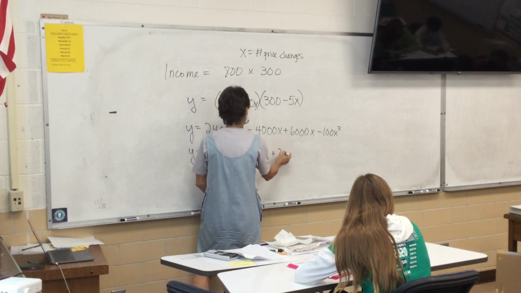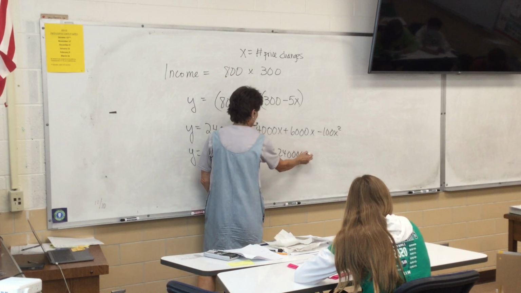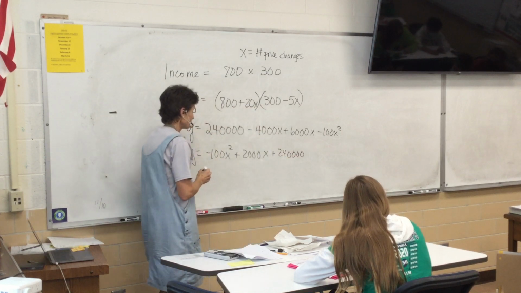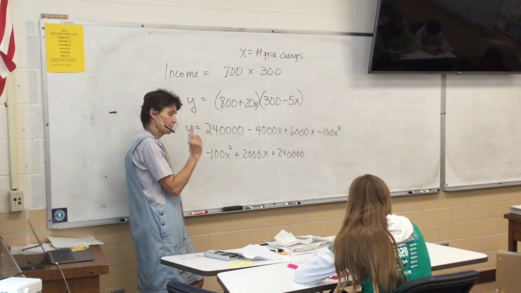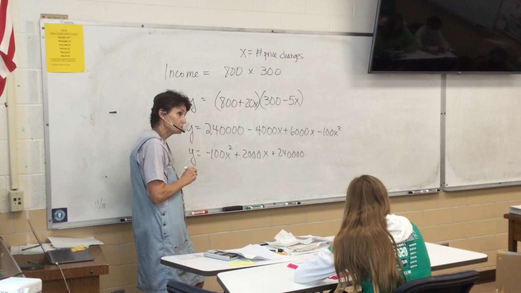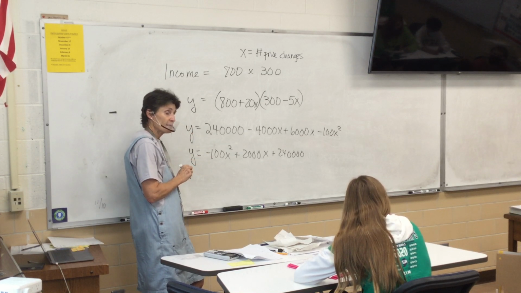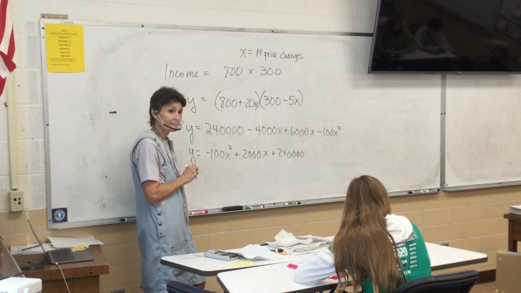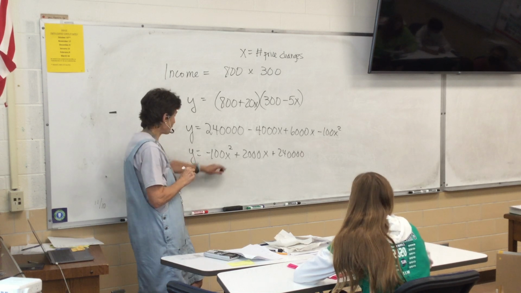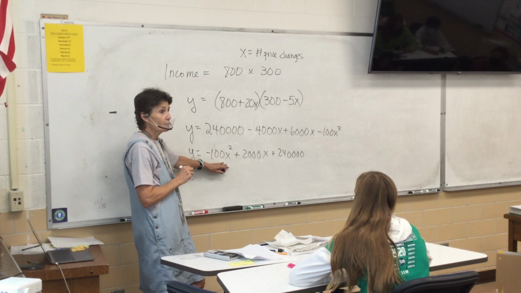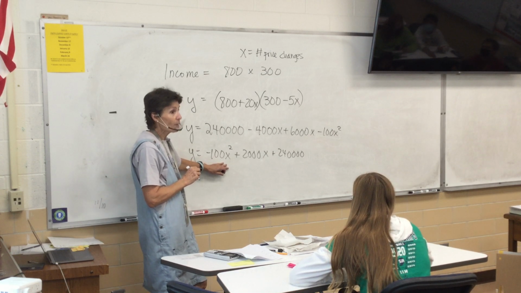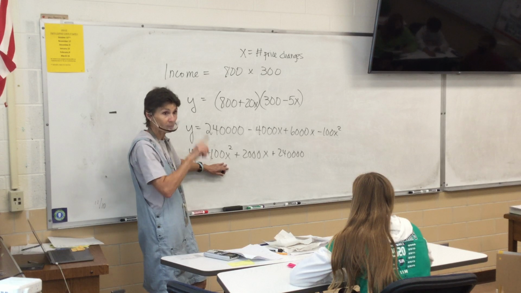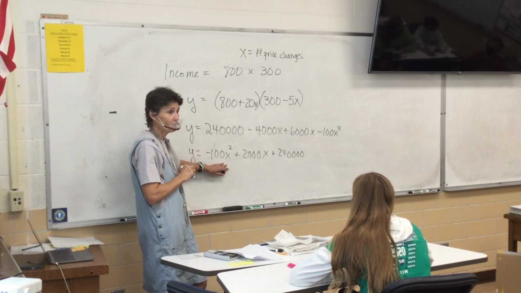Plus 240,000 or 250,000. Now I am really getting joyful here because the question wants a maximum. And what do I have here? Not just a parabola, but a parabola that opens down. Isn't that a good thing to have, a parabola that opens down and want the maximum?